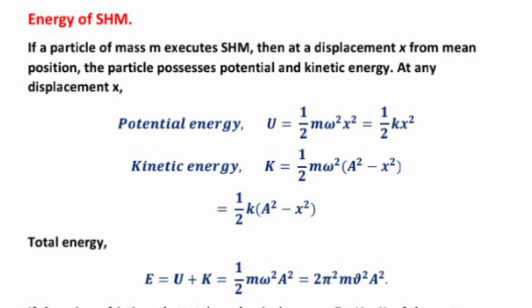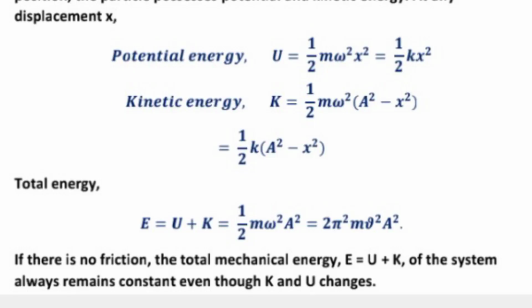Thus the total energy U plus K, after adding the two relations, equals 2 pi square m nu square a square. If there is no friction, the total mechanical energy E equal to U plus K will always be constant.